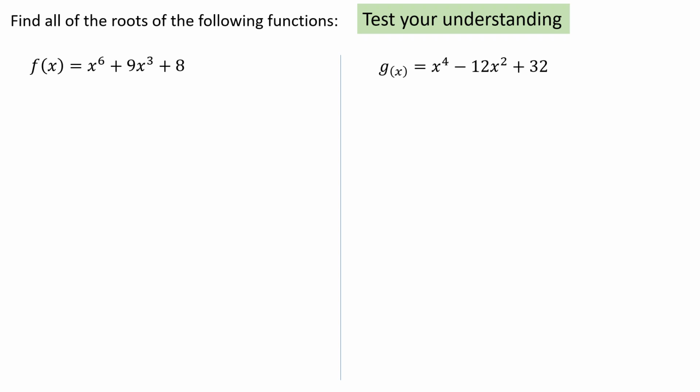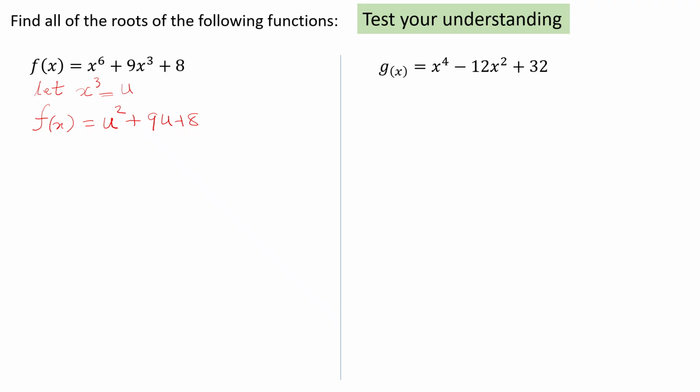So let x cubed equal u. So f(x) equals u squared plus 9u plus 8.